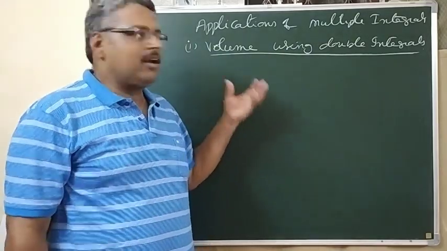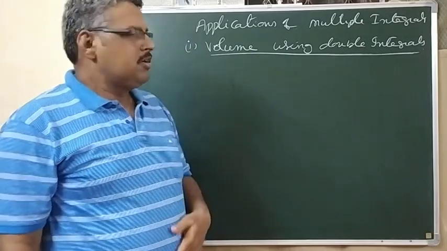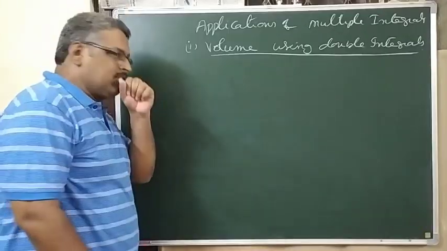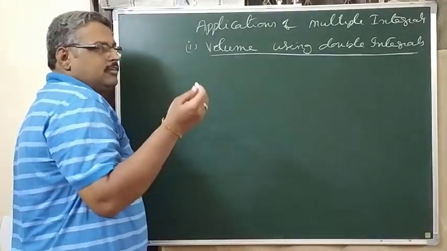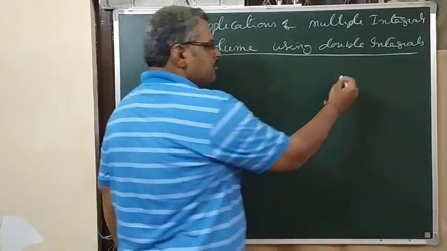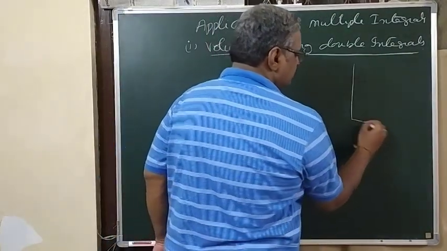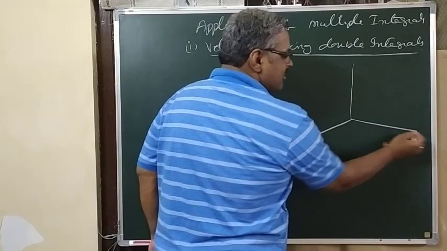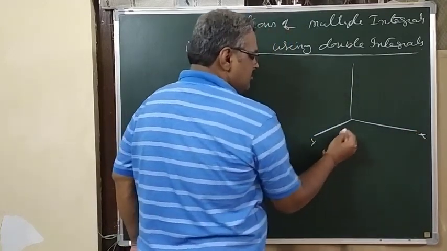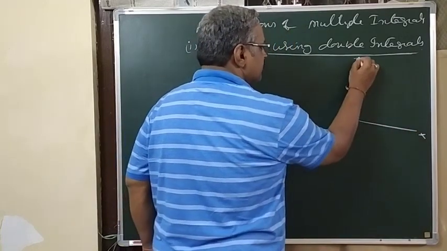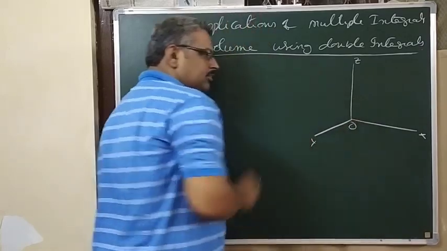So how to find the volume? This is only for if the solid is, suppose for example, now this is the x-axis, y-axis, z-axis, and this is the origin.